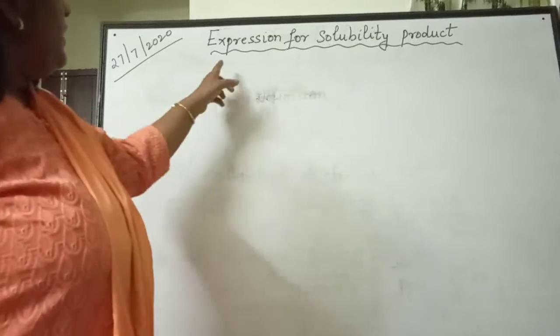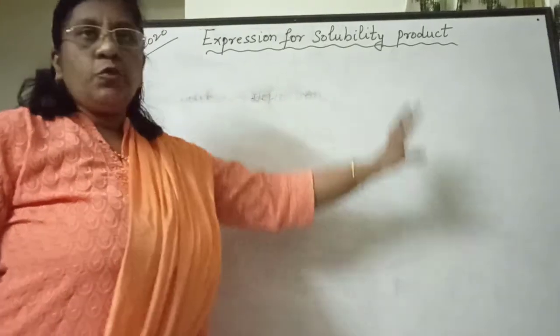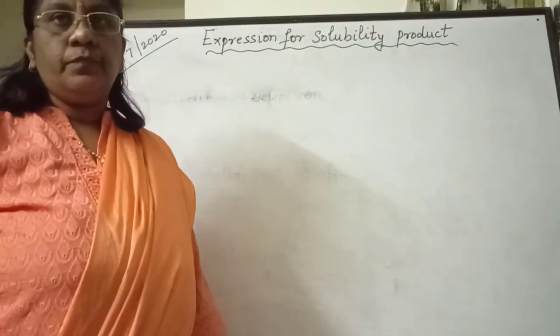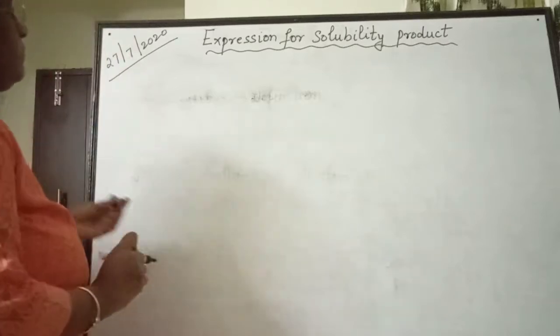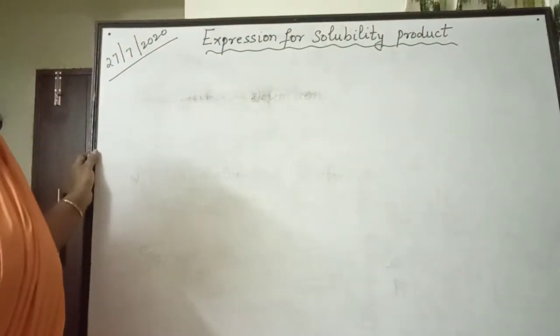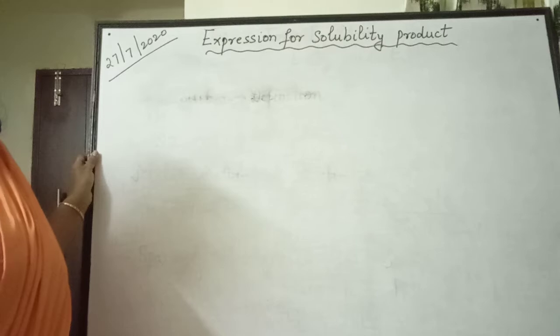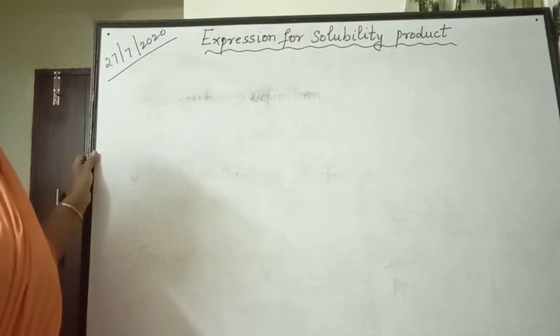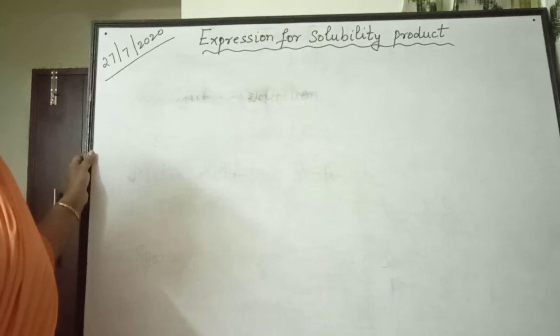Now let us study the expression for solubility product. Consider a binary sparingly soluble salt AgCl to be dissolved in water to prepare a saturated solution.